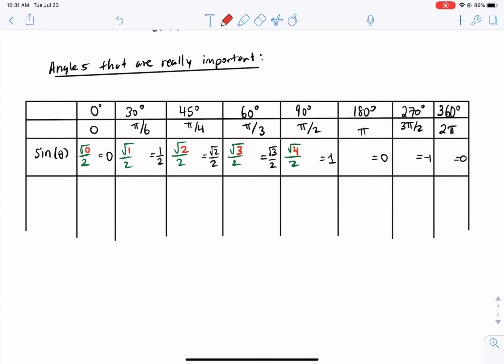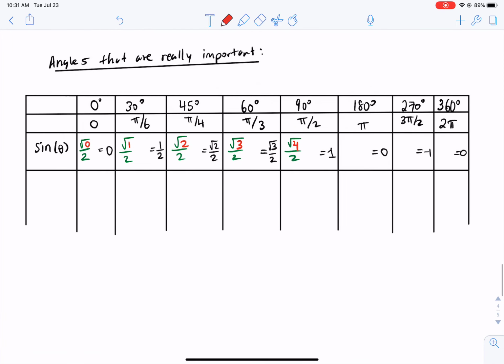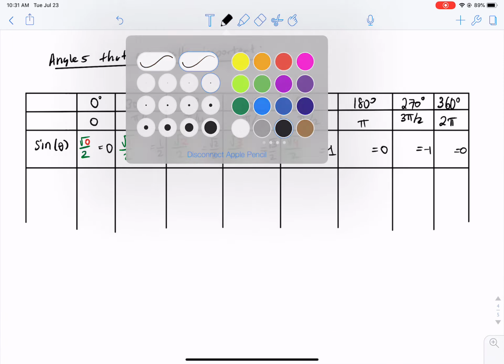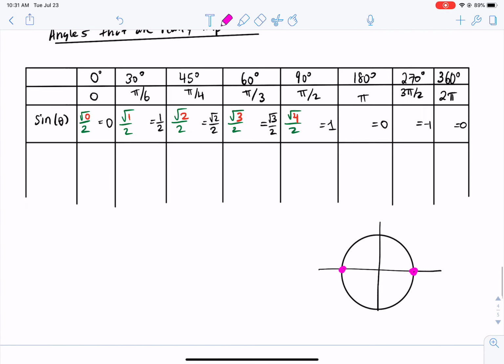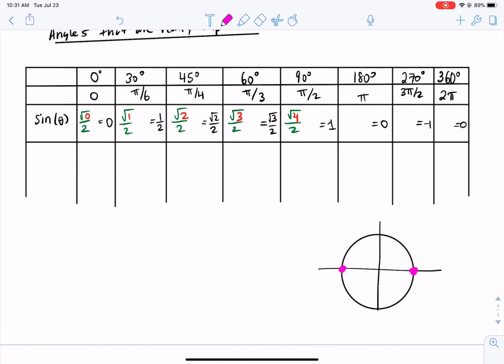And if you are thinking about the unit circle, I'm going to erase this, but for now, think about it like this. Say this is the unit circle that we have. If you are at a point here or here, at either of these endpoints, what will be the y value for these points? The y values here are 0.